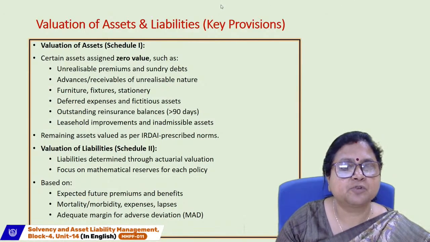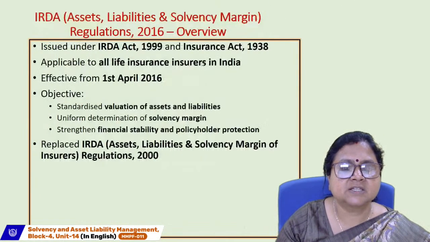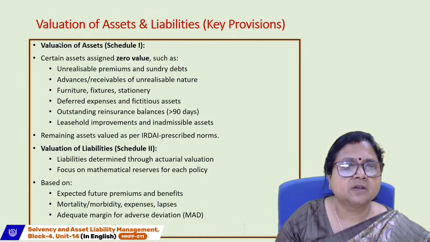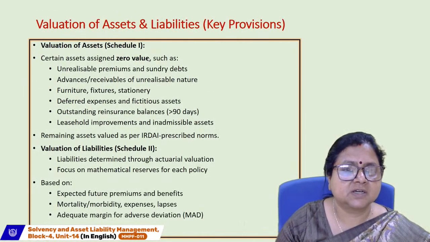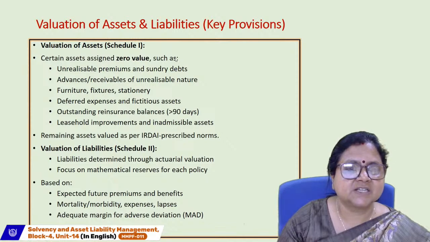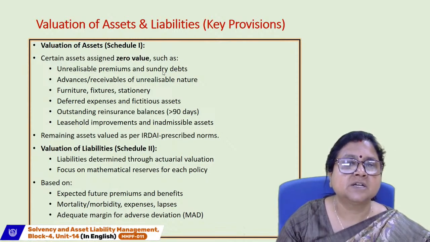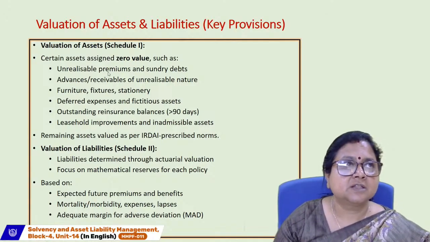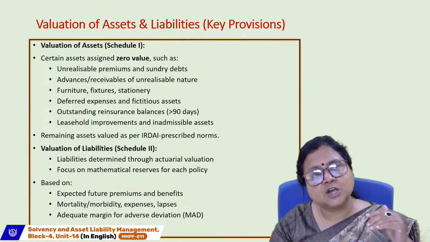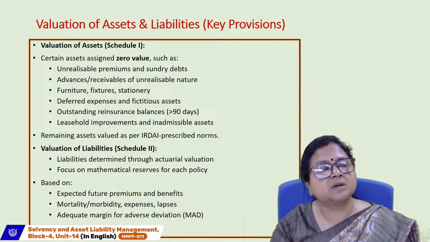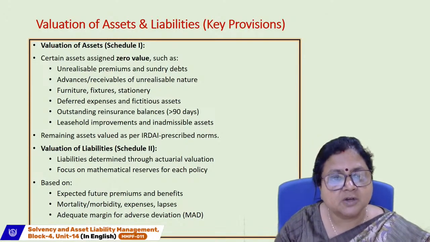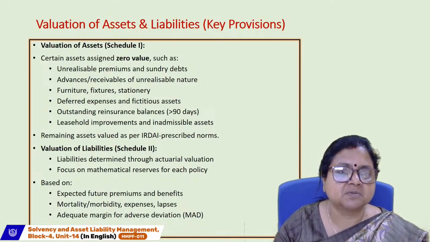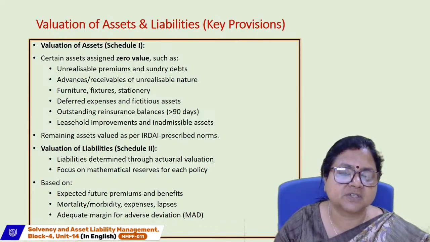Now, what were the key provisions in these regulations? Valuation of assets is in Schedule 1. Certain assets are assigned zero value, such as unrealized premium and sundry debts. Unrealized premiums are where the person has paid maybe 2 or 3 premiums and then stopped paying.